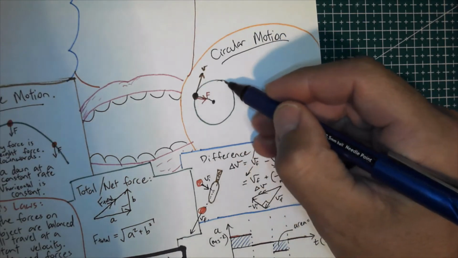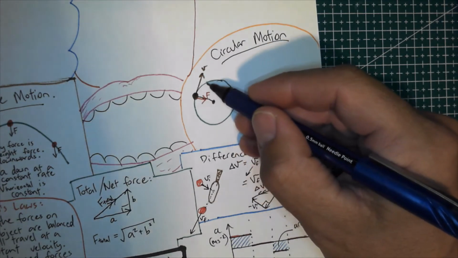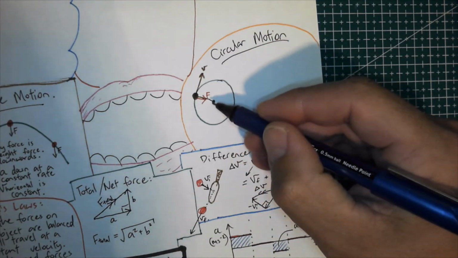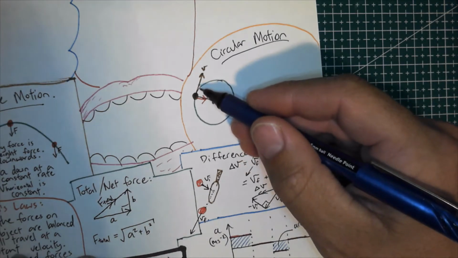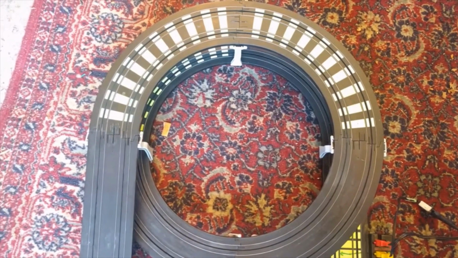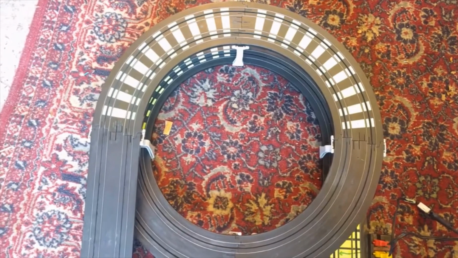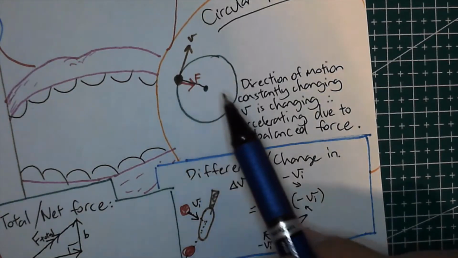If an object is travelling in a circle at a constant speed, the direction that it's travelling is still changing, which means even though it can be going around at a constant speed, its velocity is constantly changing. And if an object's velocity is constantly changing, that means it must be accelerating. And for acceleration to occur, there must be some sort of unbalanced force, and it's called centripetal force.